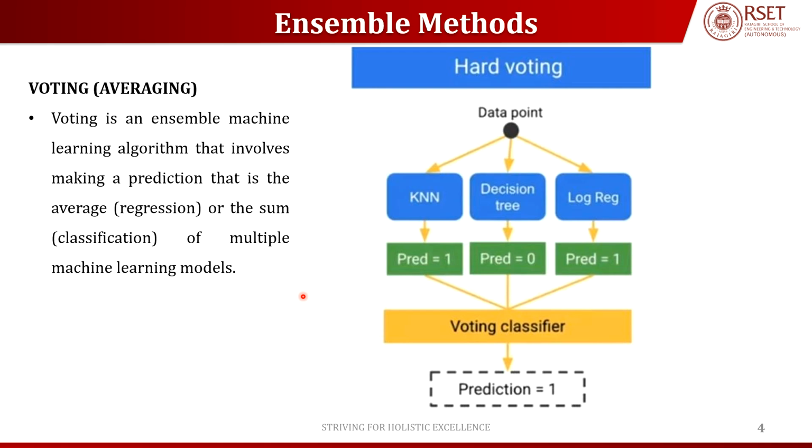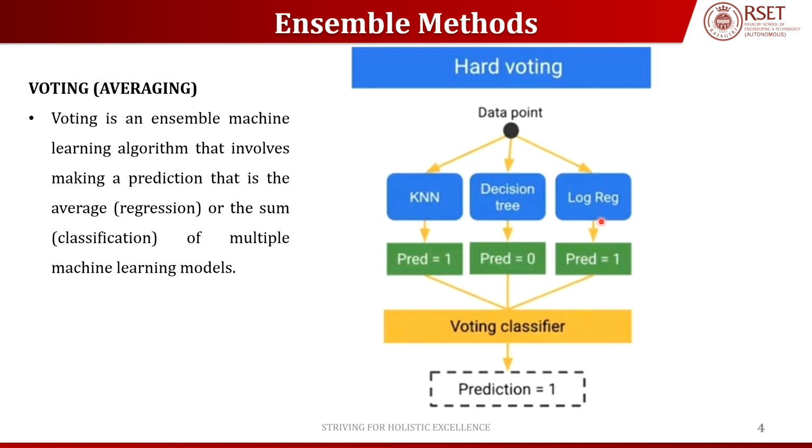So first let us talk about voting, which is a straightforward ensemble method. It's essentially about combining multiple models' predictions. For regression problems, we simply average the predictions from all our models to get the final result. For classification problems, it is often a majority vote. As you can see in the diagram, we have three different models, a KNN, a decision tree and a logistic regression.